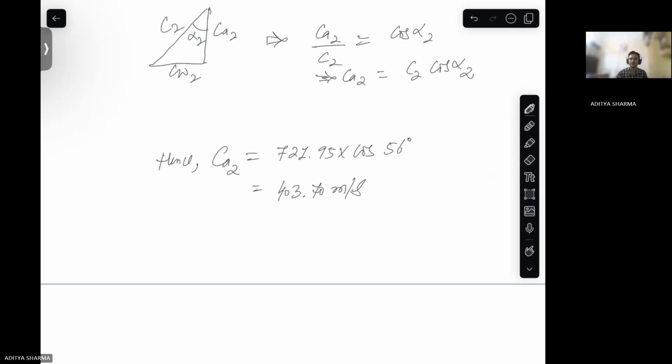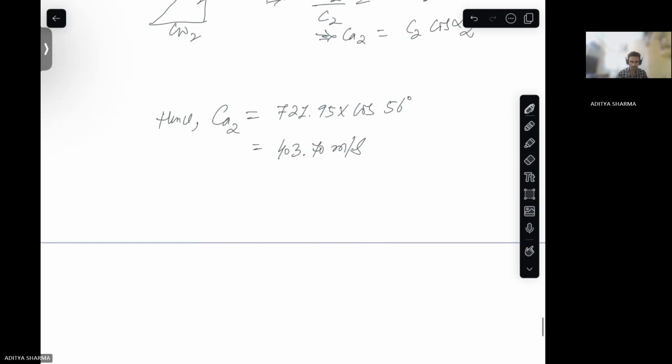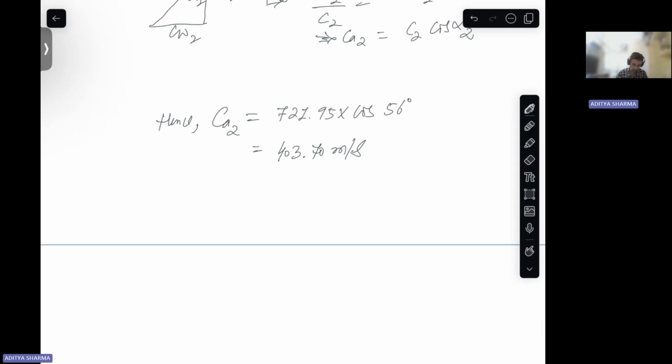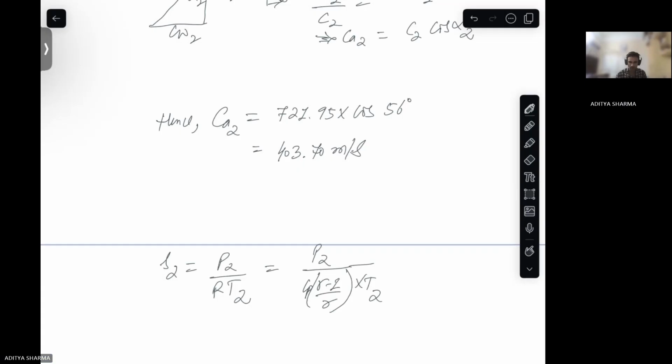Okay. Then we have CA2. Now you see rho2 is equal to P2 by R T2. Now R we can calculate from where? Cp times gamma minus 1 by gamma is your R, into T2. Or P2 into gamma by Cp into gamma minus 1 into T2.